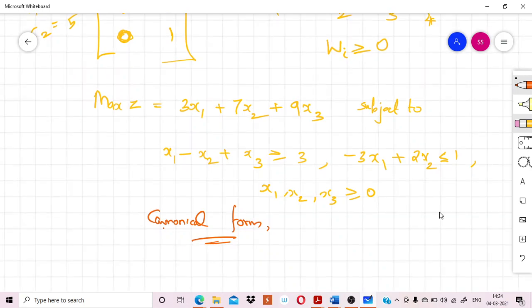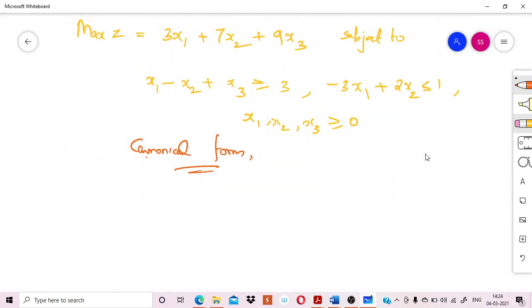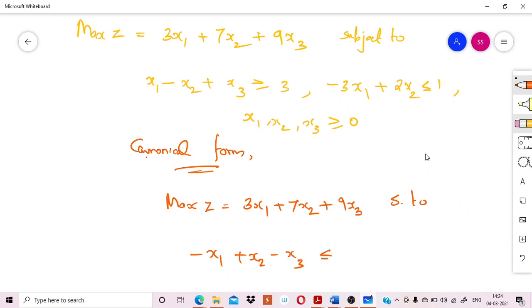The canonical form is: max z equal to 3x1 plus 7x2 plus 9x3 subject to the constraint, multiplying this by minus 1, so the greater than or equal to becomes less than or equal to: minus x1 plus x2 minus x3 less than or equal to the constant.